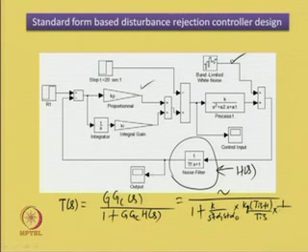Here we have 1 upon Tf s + 1. So, when we approximate Tf equal to Ti, this approximation enables us to cancel one pole with one zero, thus giving us in the denominator terms like 1 + k Kp upon (s² + α1 s + α0) times Ti s only.